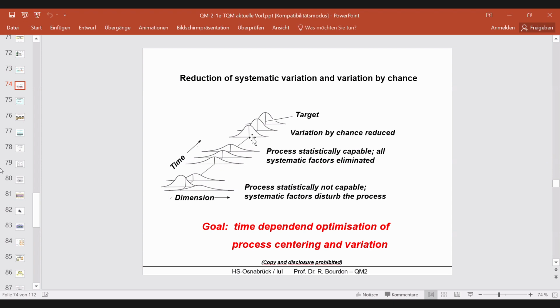First goal, to do a centering of the process, to bring the mean to the target, and then to get a low variation, to get a high manufacturing precision. These are the goals.